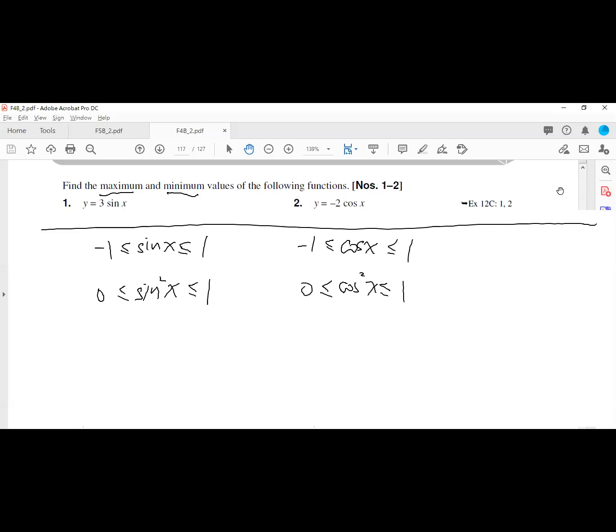So all you need to distinguish is whether it is sine x or sine square x, cosine x or cosine square x. If there's a square, then the range is from 0 to 1. If there is no square, then the range is from -1 to +1.